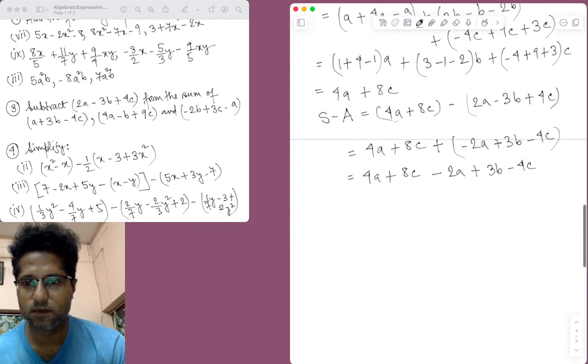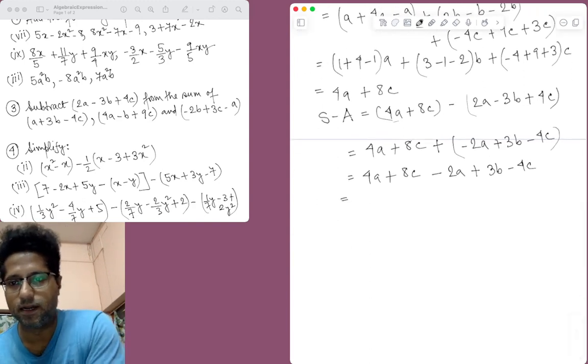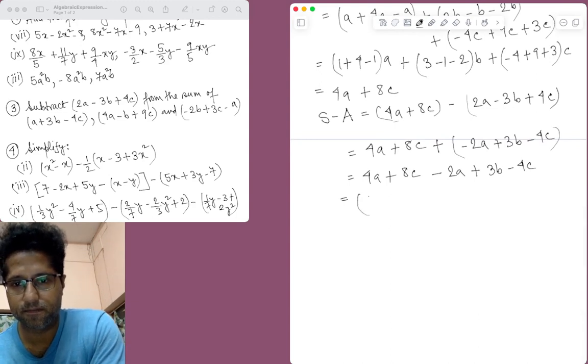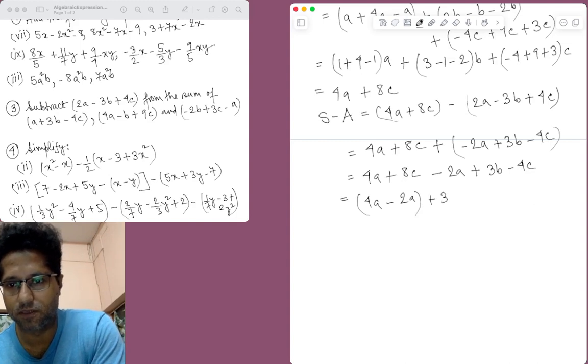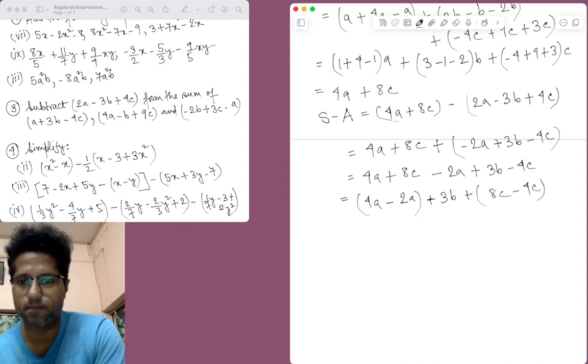So this is this. Now we will again collect the like terms, and we get 4A minus 2A. 3B remains the same because it is the only like term, and for the C we have 8C minus 4C.